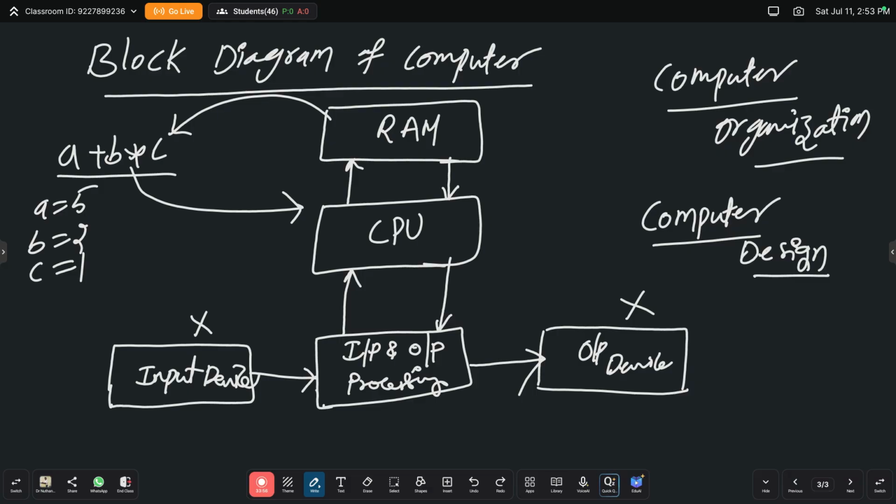Once the computer specifications are formulated, meaning how much RAM, how much secondary storage, what is the capacity of the processor, what are the input devices, all the specifications are formulated, it is the task of the designer to develop hardware for the system.